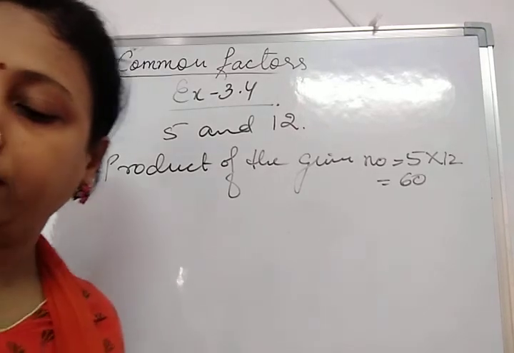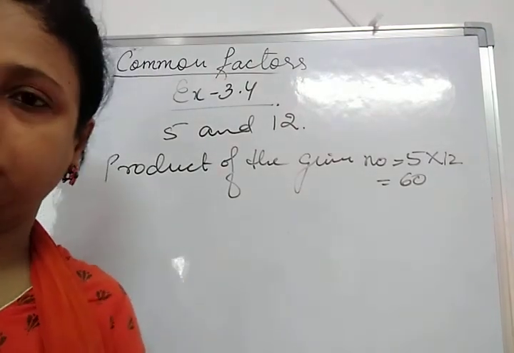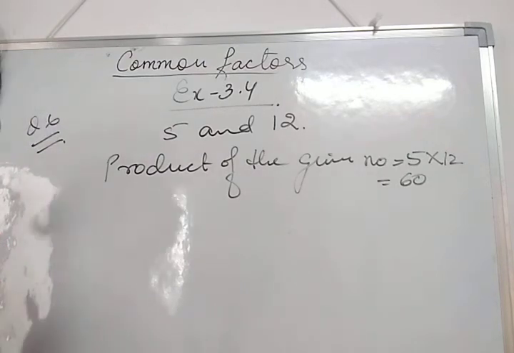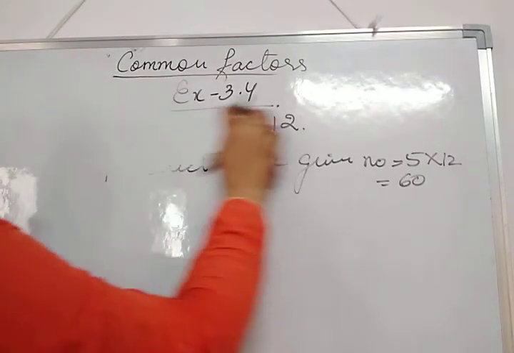Okay. If a number is divisible by 12, then by what other numbers will that be divisible? That is our next question.